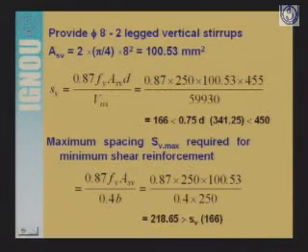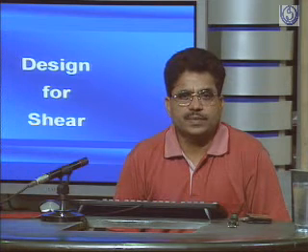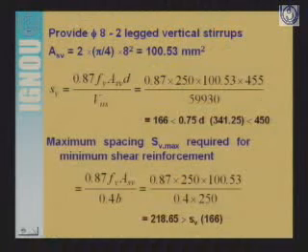So from that point of view of the minimum shear reinforcement, we have to compare this spacing also. So the maximum spacing SV max required for minimum shear reinforcement is 0.87 Fy into ASV upon 0.4 B. And if we put these values, this comes out to be 218.65.